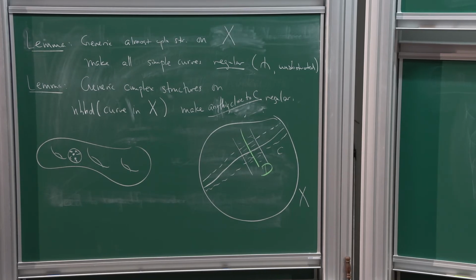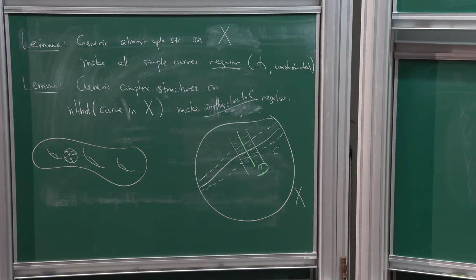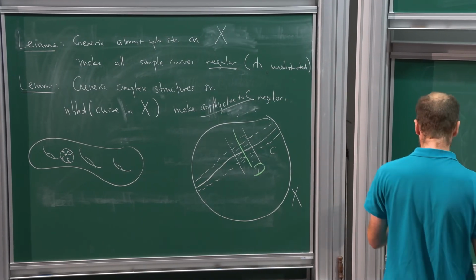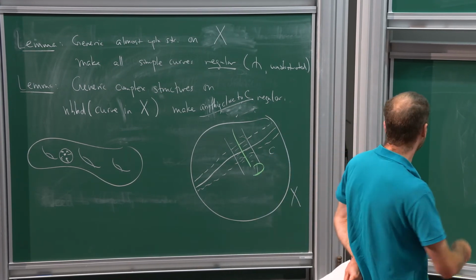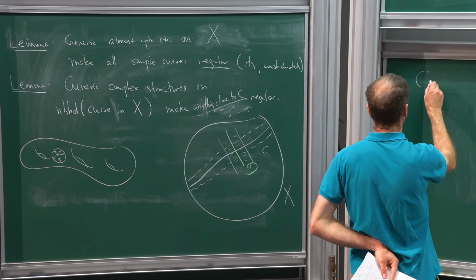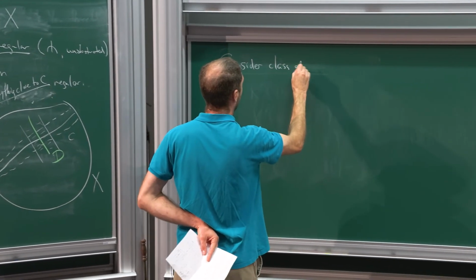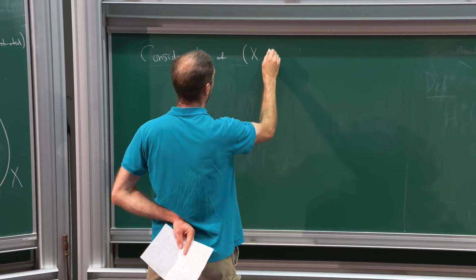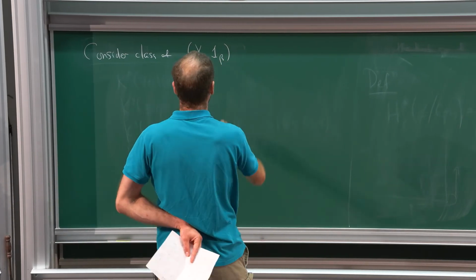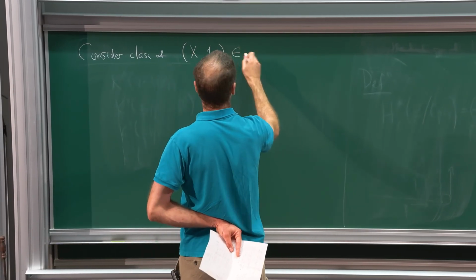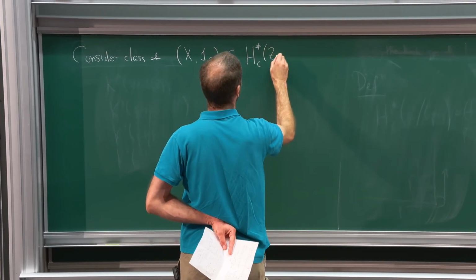Okay. Yeah. So let's just consider the class of a single cycle, say, of X, and maybe just all cycles in class beta in this group.